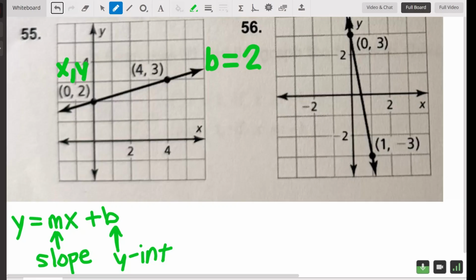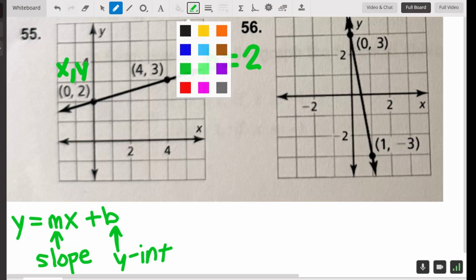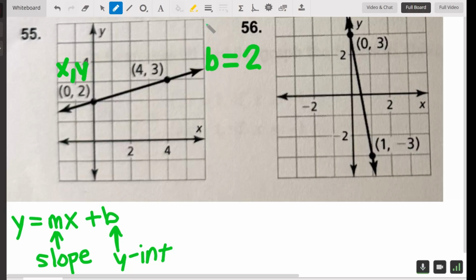Do I have a slope? I can determine the slope one of two ways. The easy way would just be to figure out rise over run. I could actually count the units from one point to another. And let's just use these points here because they are certain points.